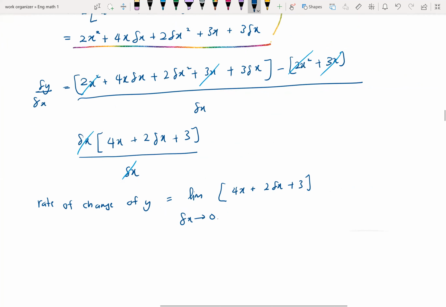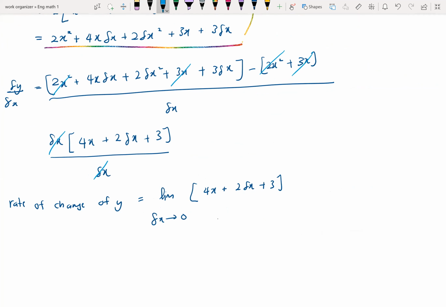So this one will be 0, and what is left here is 4x plus 3.